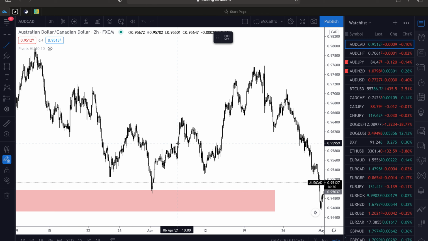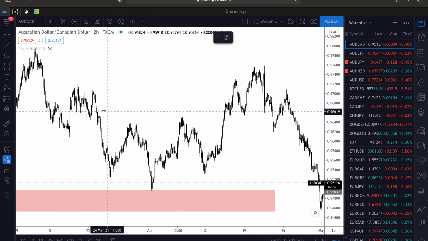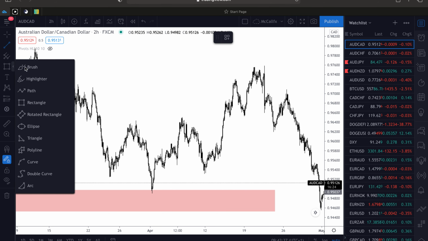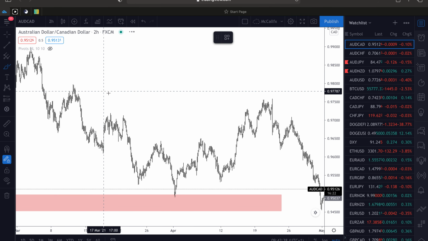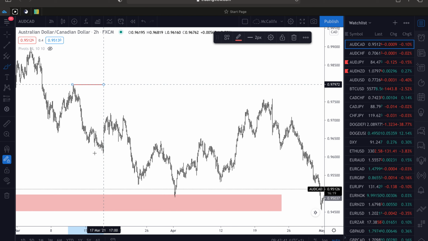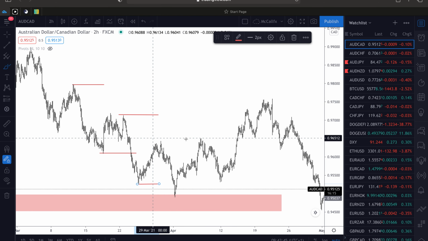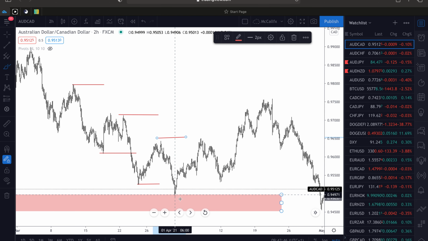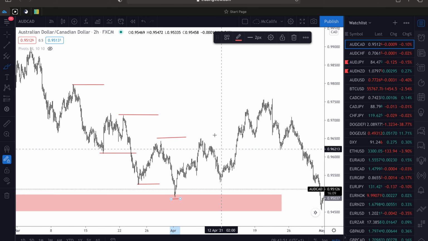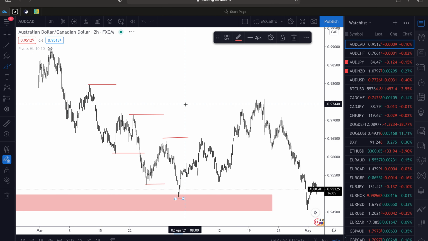I don't have any confirmation that tells me price is going to go in my direction. But once I have this break of structure, because if the market is trending downwards, this is what I need to see: highs, lows, highs, lows, highs, and lows. So once the market starts changing its direction, then you start seeing lows and highs forming.